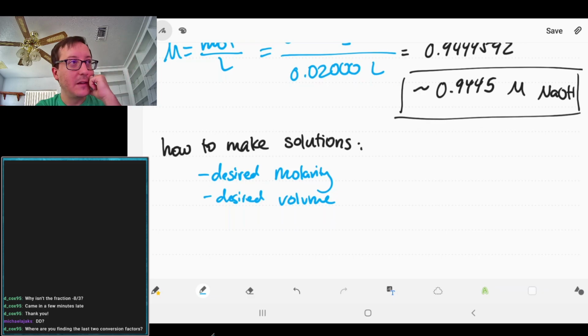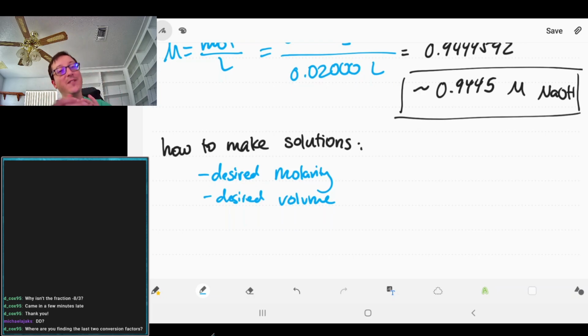This is something you already potentially know how to do, at least at a basic level. Say you like your coffee sweet. You already know how much coffee you want. That's your desired volume. And you probably have a pretty good idea of how much sugar you want to put in there to get your desired sweetness. That's the concentration of sugar.